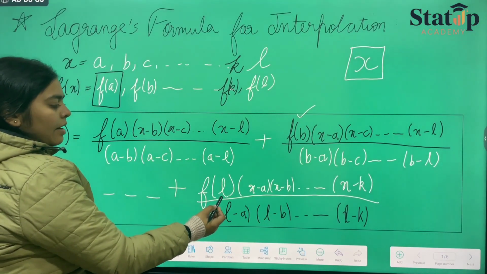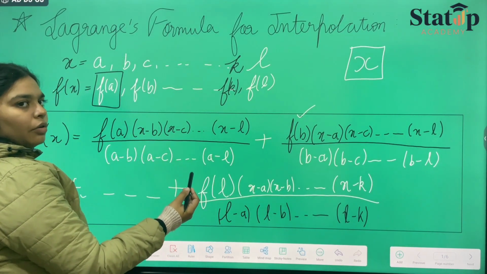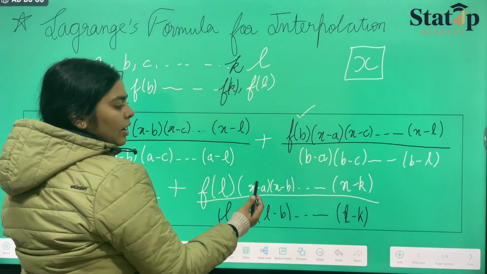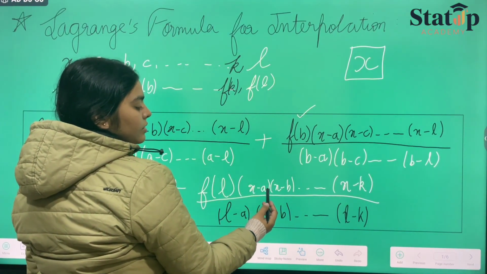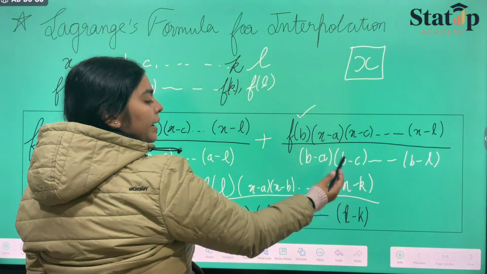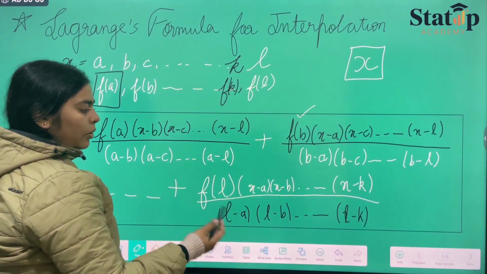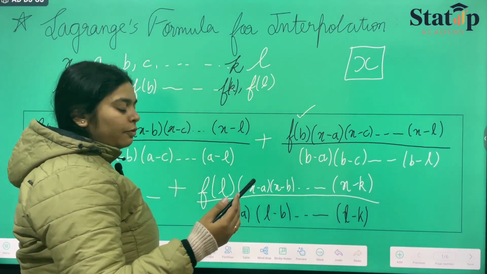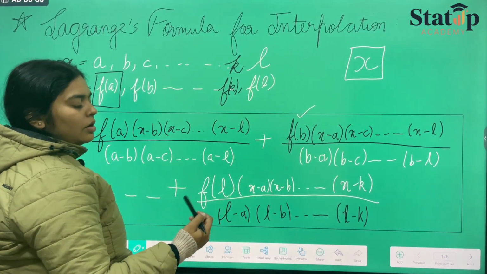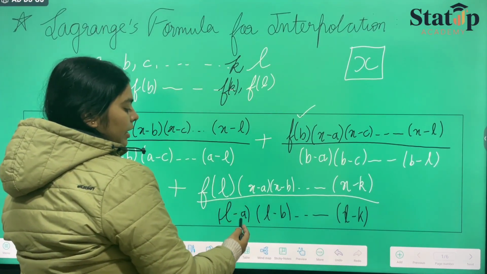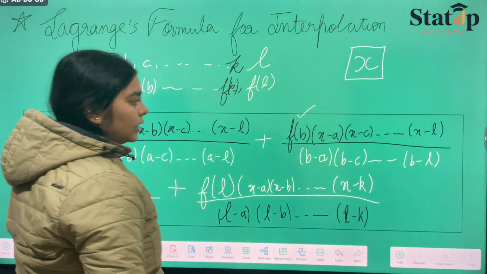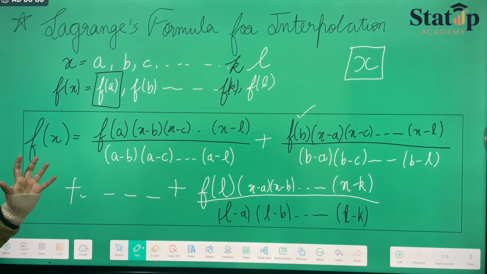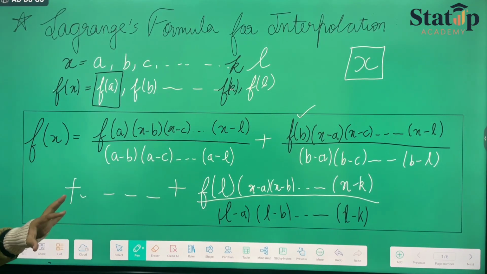So this would be fl, the last function, times (x minus a)(x minus b) up till (x minus k), upon the same factors subtracted from l, not from x, in the denominator: (l minus a)(l minus b) up till (l minus k). This formula is known as Lagrange's formula for interpolation.